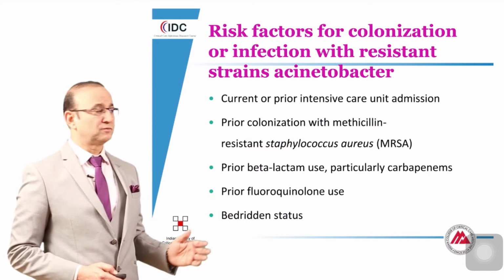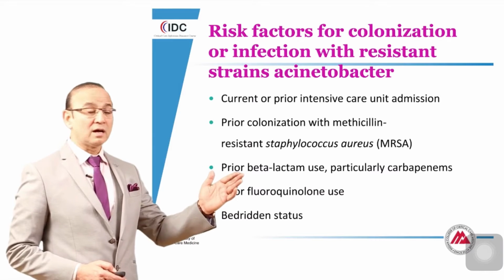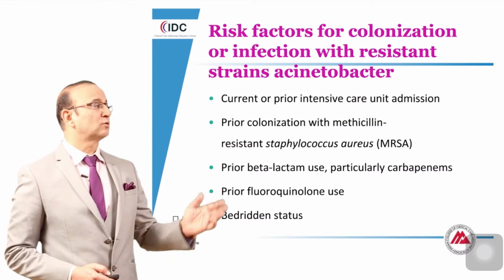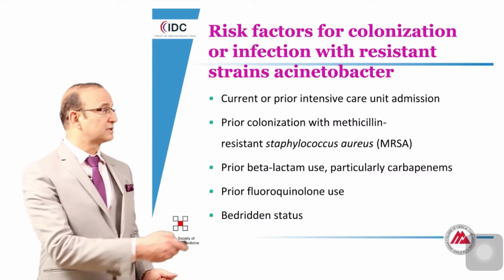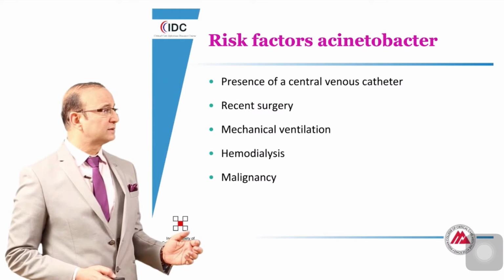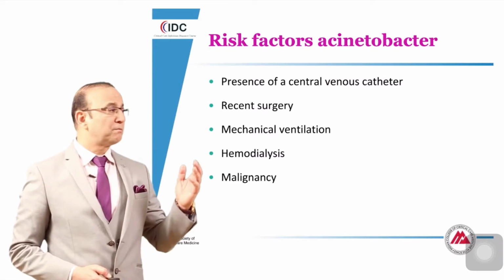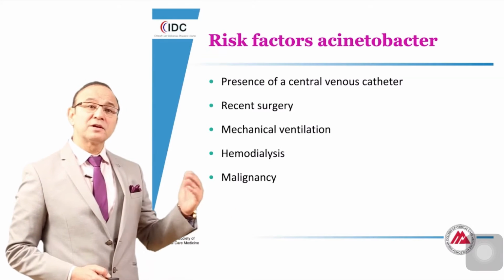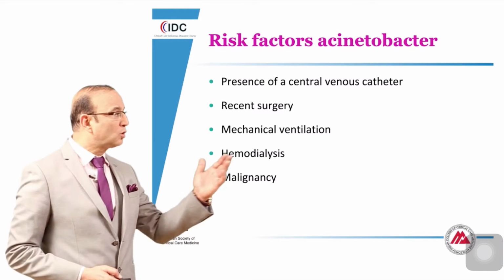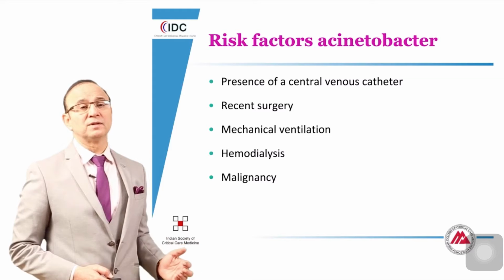Prior colonization with MRSA, prior beta-lactam use, particularly carbapenems, prior fluoroquinolone use, bedridden status, presence of a central venous catheter, recent surgery, mechanical ventilation, hemodialysis, and malignancy. All of these are risk factors to develop Acinetobacter.